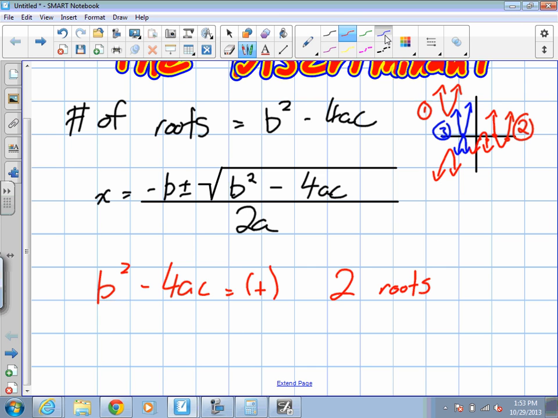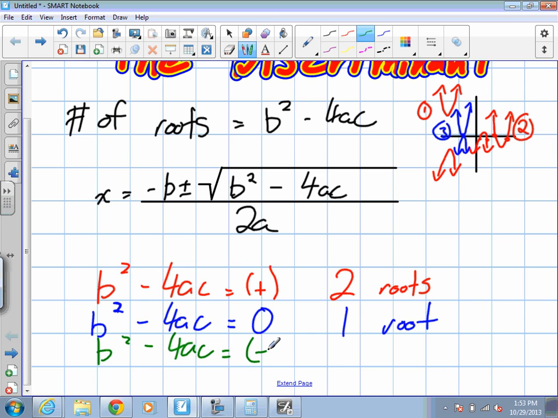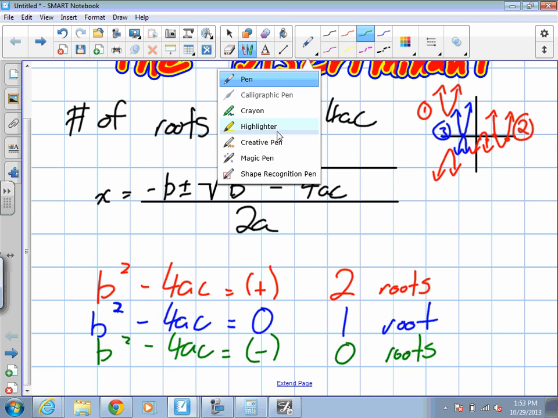When b squared minus 4ac equals 0, we have 1 root. And when b squared minus 4ac equals a negative value, we have 0 roots.